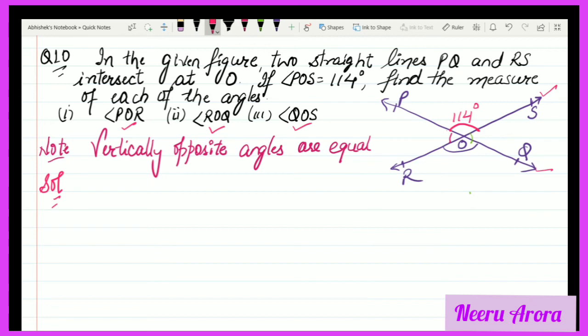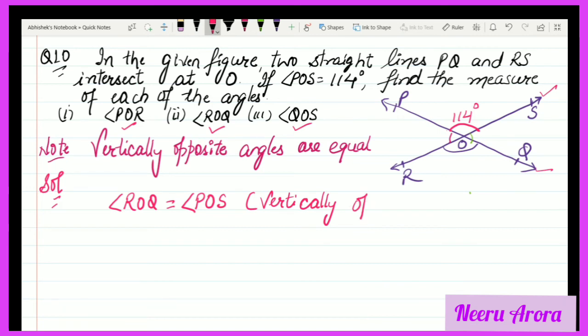So ROQ is vertically opposite to POS. And we know vertically opposite angles are equal.